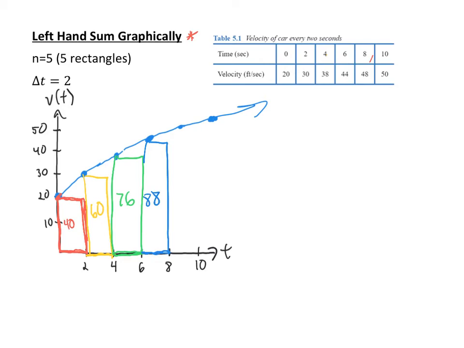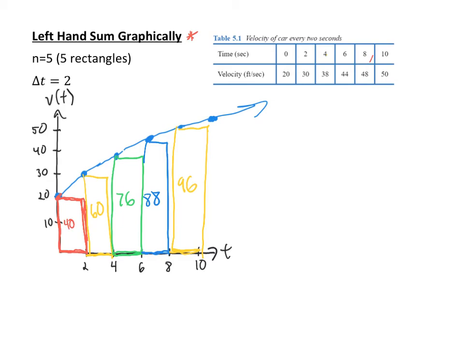And then from 8 to 10 seconds, let's go back to yellow. From 8 to 10 seconds, we guessed the car was doing the speed of 48. The area of this rectangle would be 96.